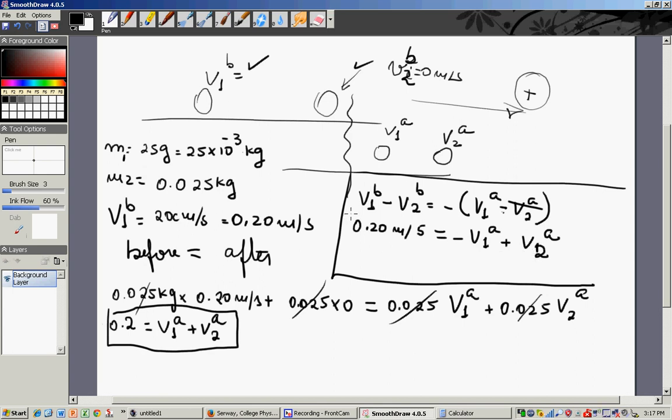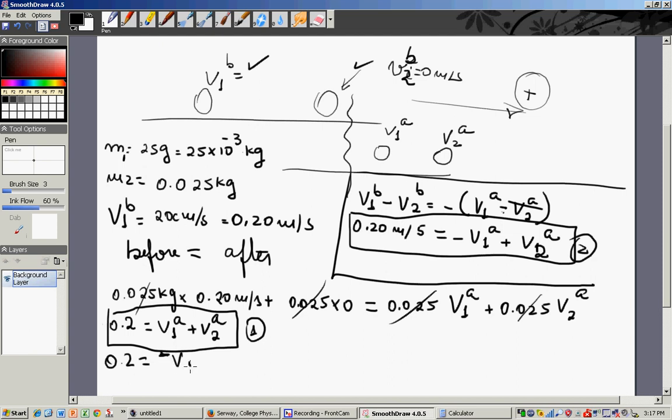So what I do then, I write this equation. This is equation number 1, this is equation number 2, and then I bring equation number 2 here: 0.2 equals negative v1a plus v2a, and I need to solve for that. The best way to solve the system of two equations and two unknowns in this case is very simple.